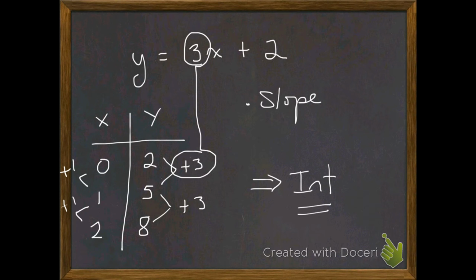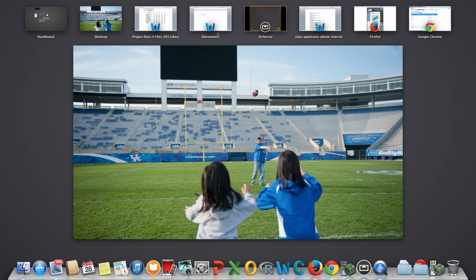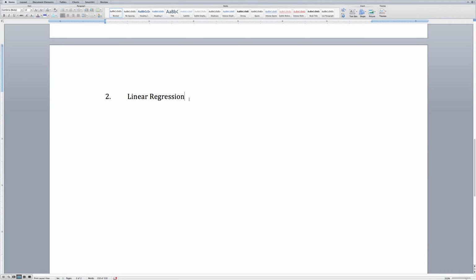And if we think about it, what happens as our x values increase 1 unit, the y values increase the amount of the slope. Now, that's a lot to talk about, so let's type it out. Okay, so interpretations.